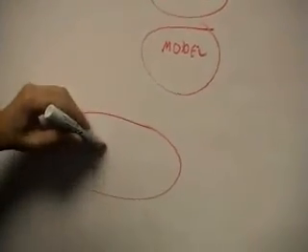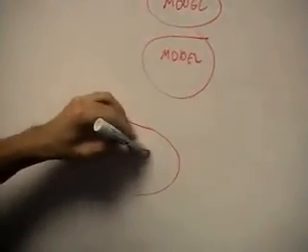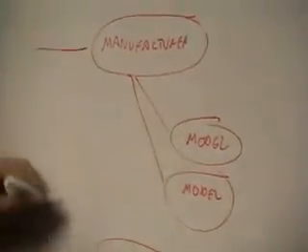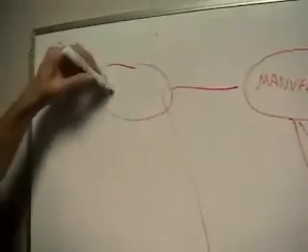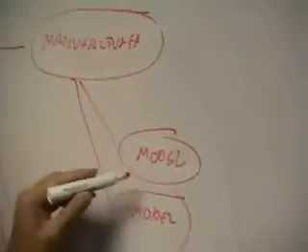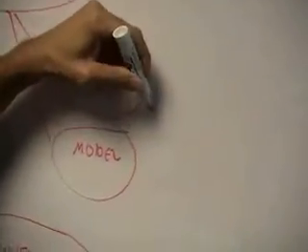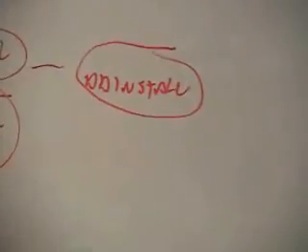Every INF has a set of manufacturers in it. Every manufacturer has a set of models in it, and then every model points at what we call a DDInstall section. And so this is really the section that tells you what work to do.